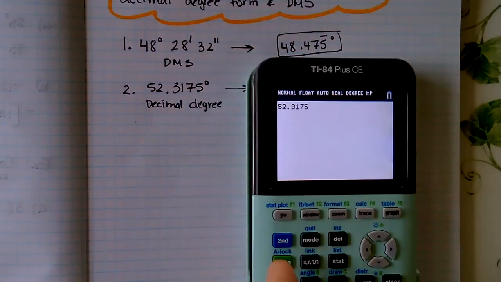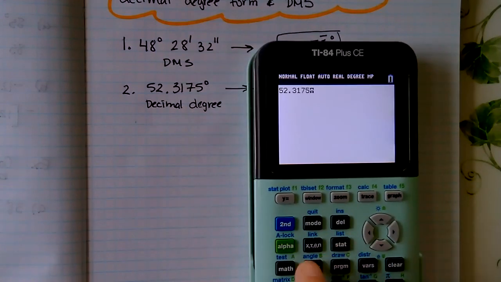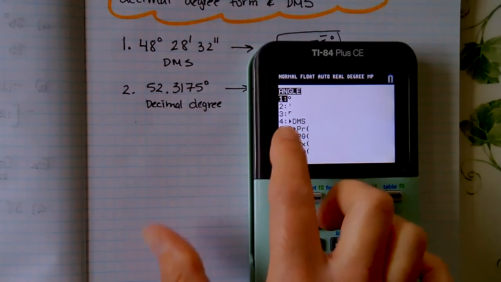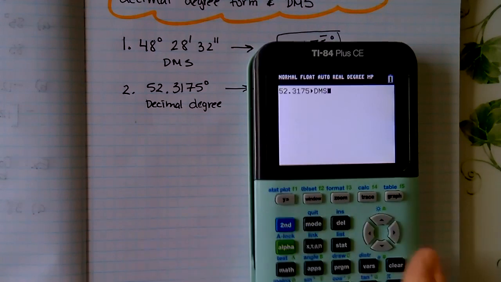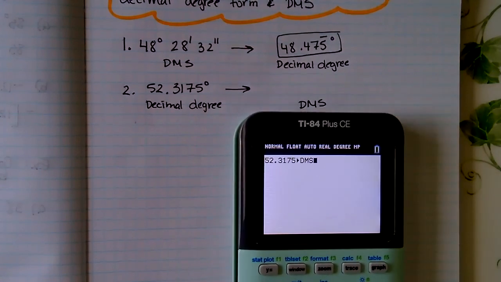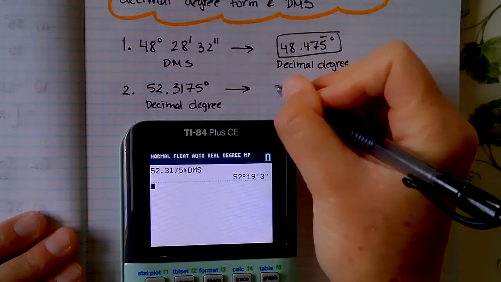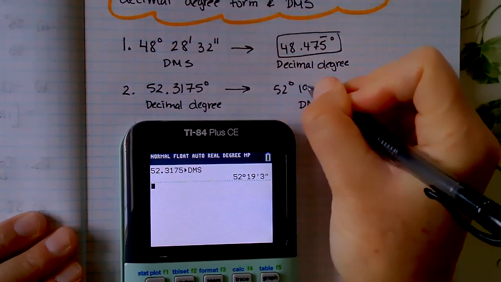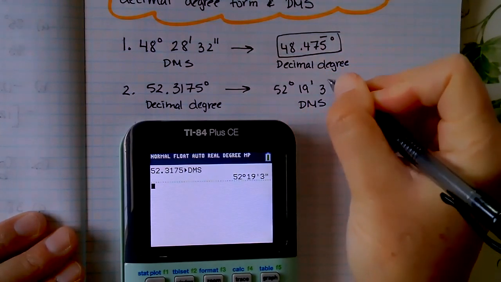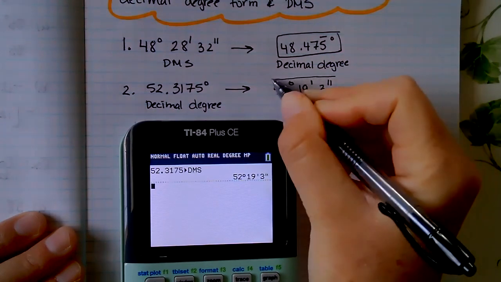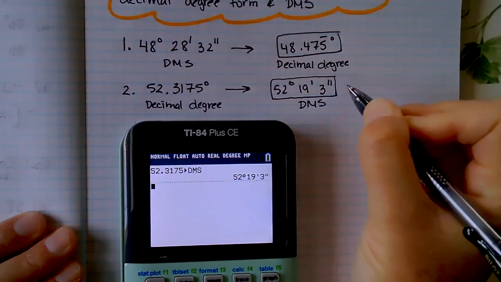And I am going to go to second and apps for angle. Okay, angle. And I'm going to choose number 4. Okay. And it's going to change it for me to 52 degrees, 19 minutes, 3 seconds. So I find that fast.